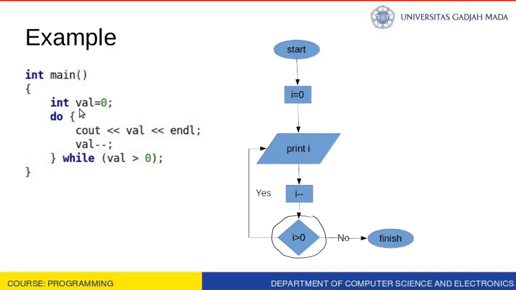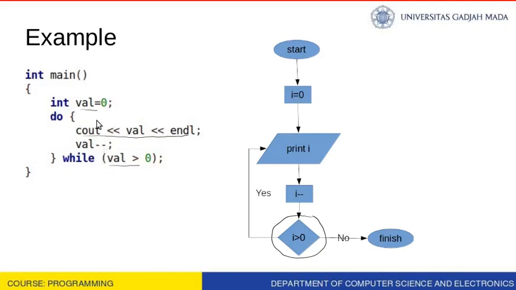So suppose you see here that the variable i is equal to 0, and if we check the condition here, 0 is not greater than 0, so this is false, but we have this statement executed, and then it will be decreased by 1, and this is false.